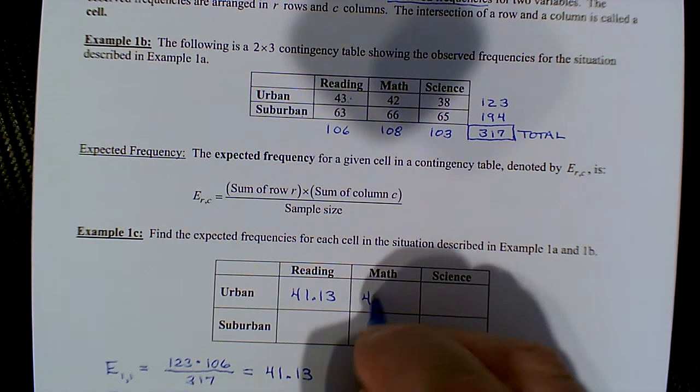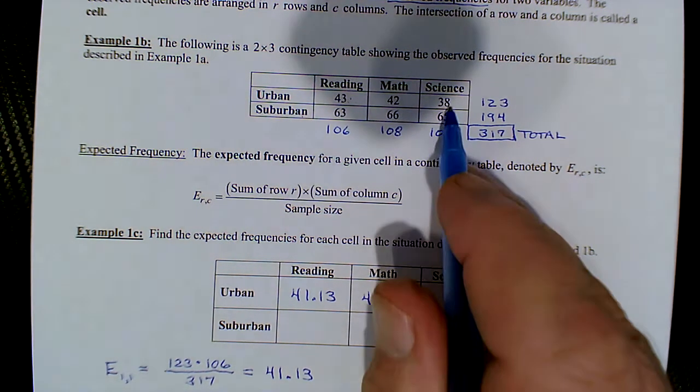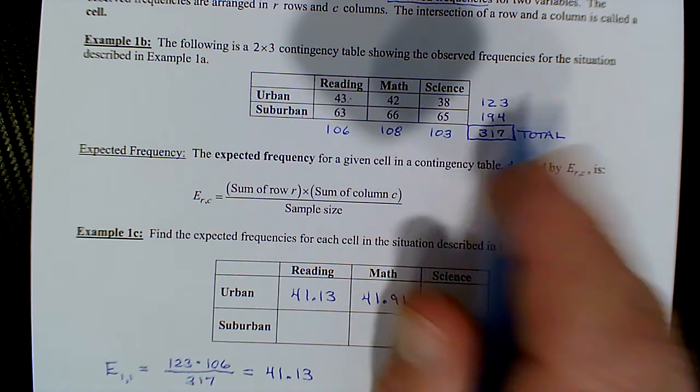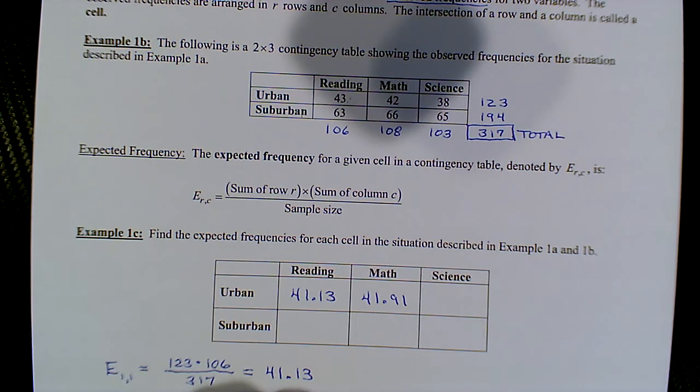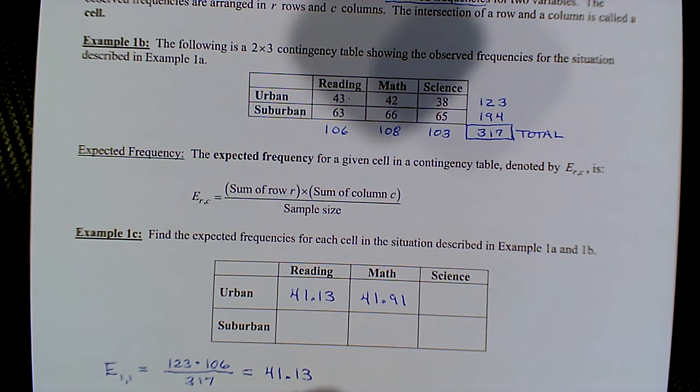So let me fill that in. So for the cell which 38 occupies, the row sum 123 again, times the column sum 103, over the total 317, that gives 39.97.